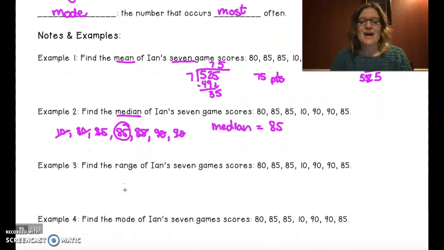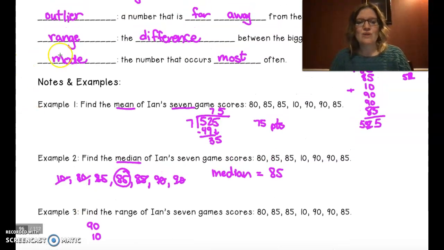Now, find the range of Ian's 7-game scores. His highest scoring game was 90. His lowest scoring game was 10. And remember, the range is the difference between the biggest and smallest number.